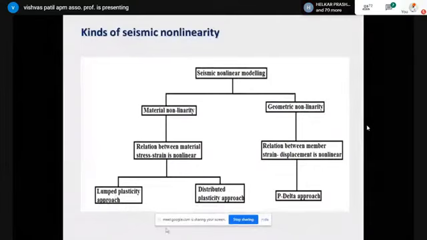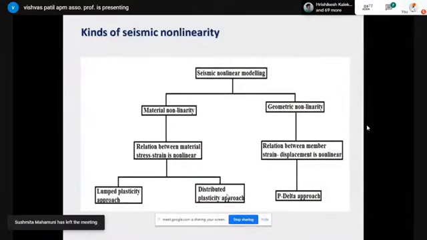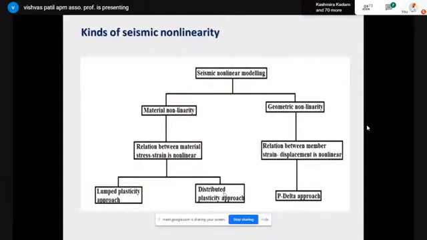And in the case of distributed plasticity, the nonlinearity is applied to the complete element, for the complete length of the beam and of the column. Especially if shear walls are there, the shear wall is also an important lateral load resisting element, and it is a shell element. So how to assign the non-linearity to the shear walls, by using this approach or this approach?